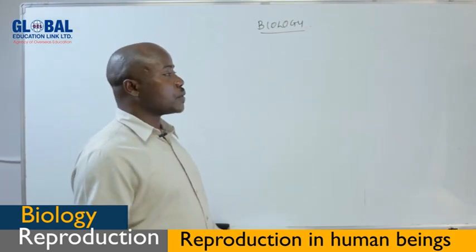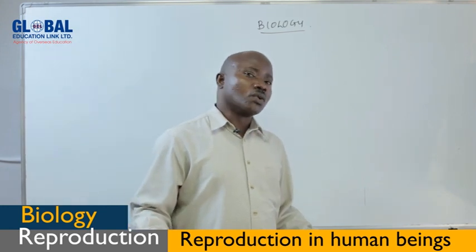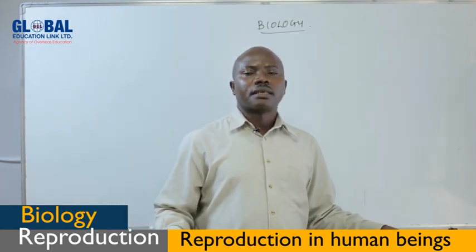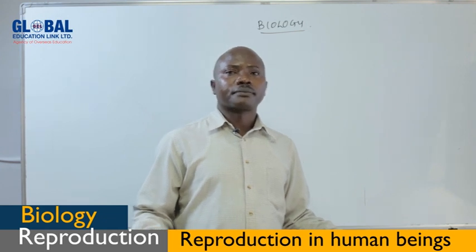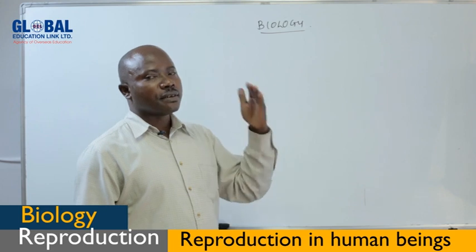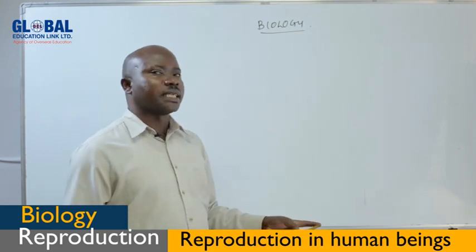Dear students who were watching this presentation, and maybe those who have just joined me right now, the concept I was presenting here was gametogenesis in human beings, in both male and female. We saw the important stages of gametogenesis in both male and female: mitosis, growth, reduction, and differentiation.